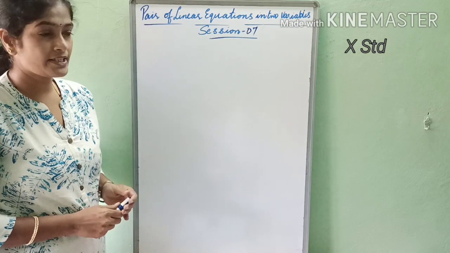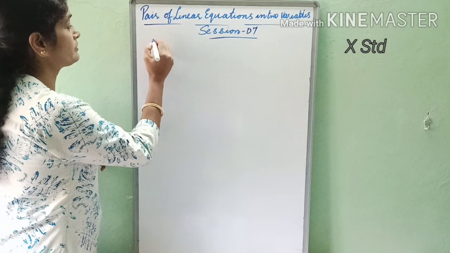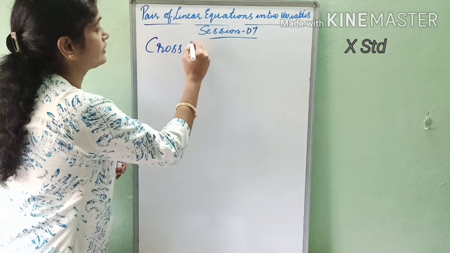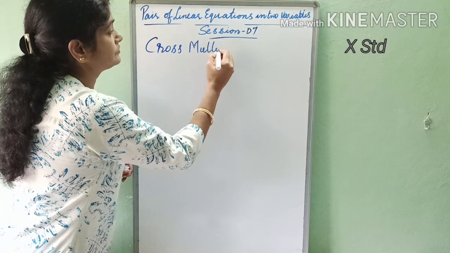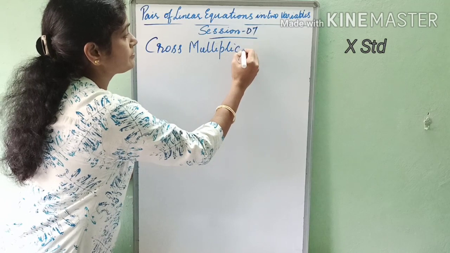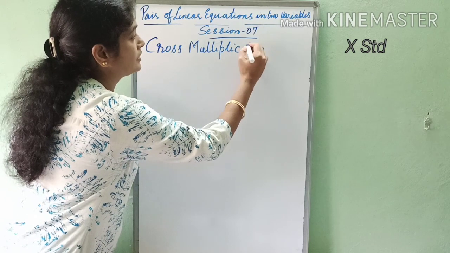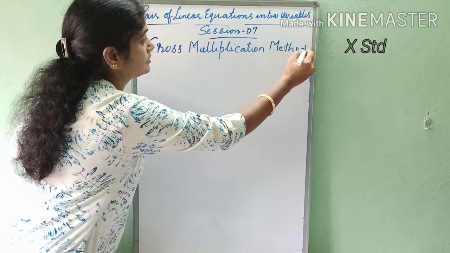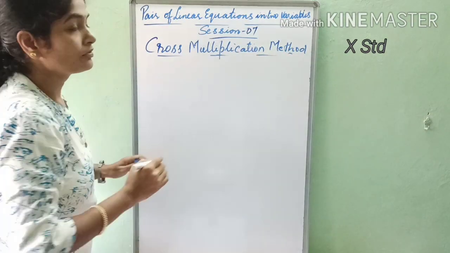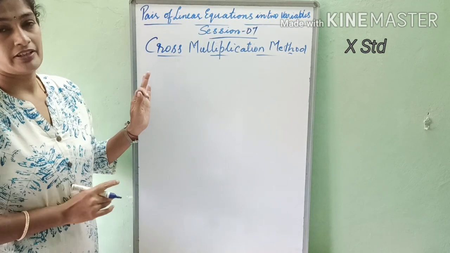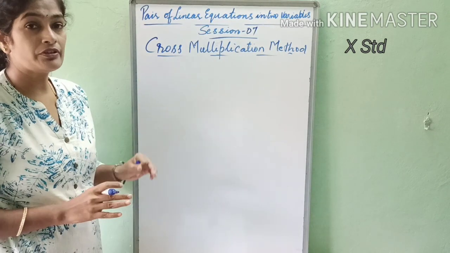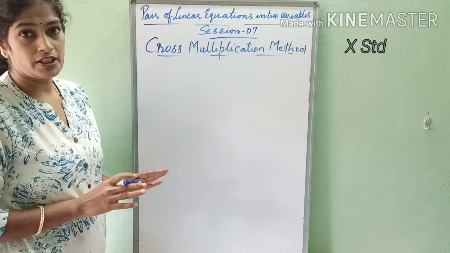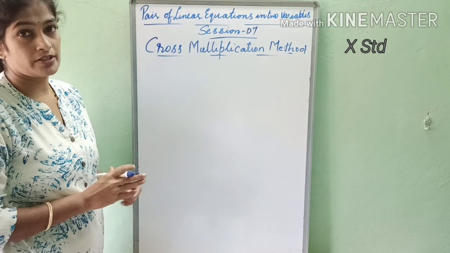And when we say it's cross multiplication method, we will not go into the detail of derivation of this method, or we will try to understand how to write the coefficients of the given linear equations and try to solve them.